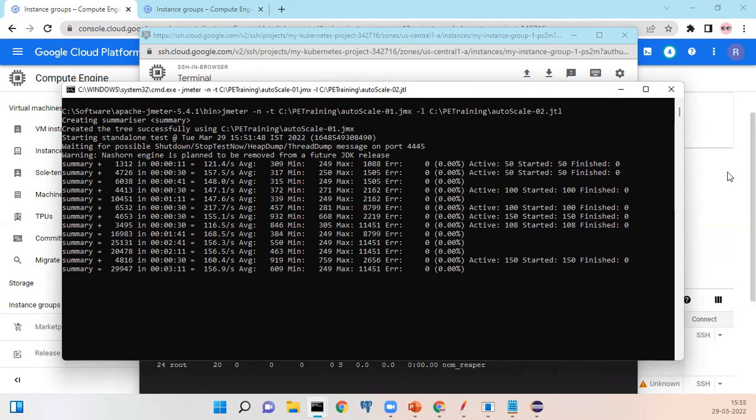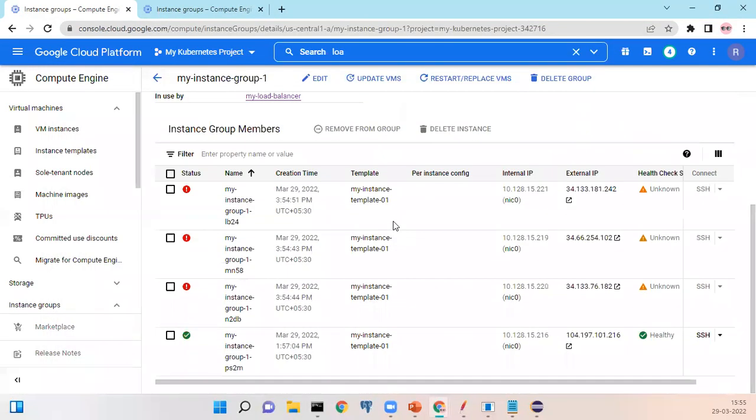Okay, so this is fine, and also there are no errors as well. Okay, now the question is how GCP is able to manage such a burst in the CPU utilization of one of the VM instances. So this is being managed with the help of other instances which it created.